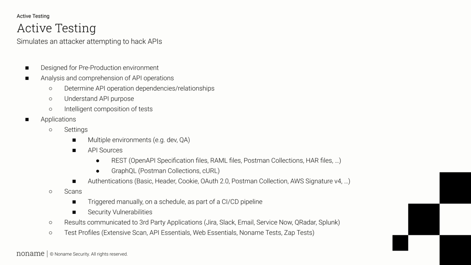You need to provide sources, or API sources. What are these? This is how active testing understands and discovers API operations. For a developer, when I say API operations or APIs, it's very clear what I mean. But for non-developers, or developers who have not worked with APIs, this nomenclature may be a little confusing, so let me clarify it.